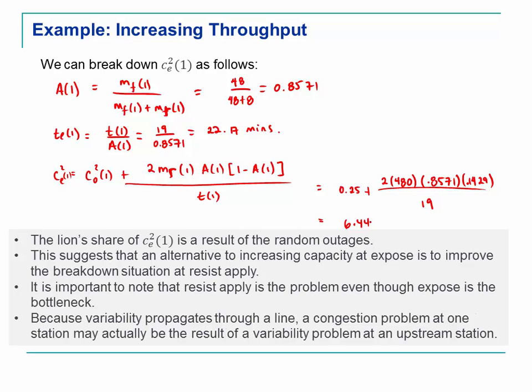It is important to note that resist supply is the problem, even though exposure is the bottleneck. Okay, so the problem is the first machine, even though we have identified the second machine as the bottleneck.